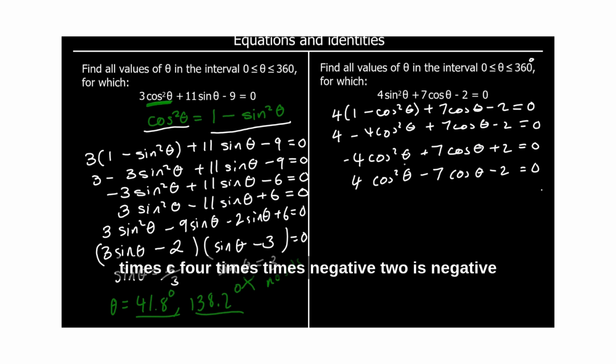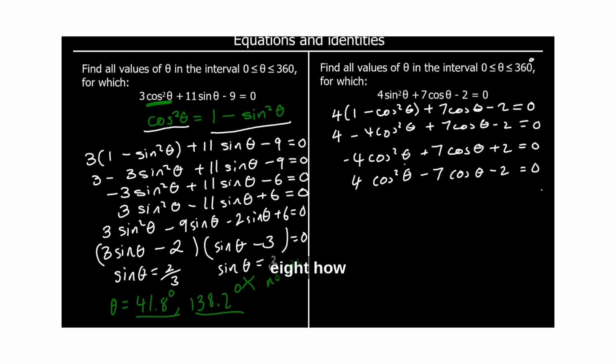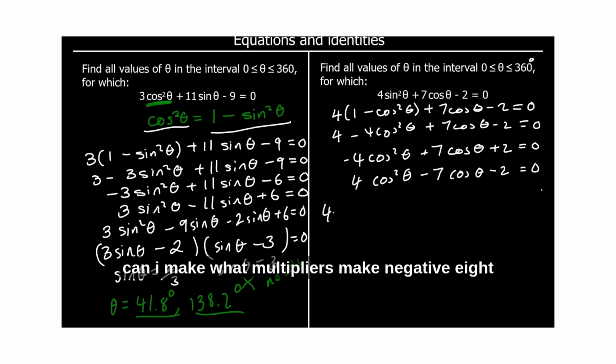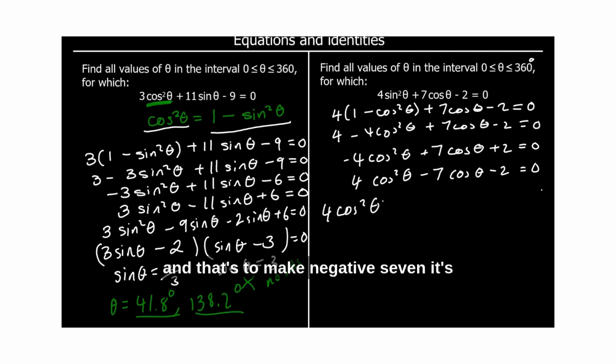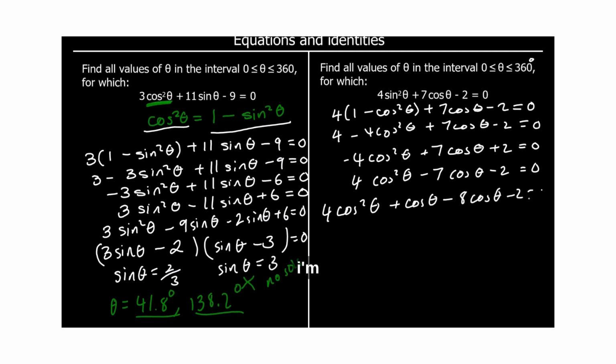A times c, 4 times negative 2 is negative 8. What multiplies to make negative 8 and adds to make negative 7? It's going to be 8 and 1. So plus 1 cos theta minus 8 cos theta. I'm into the double brackets.